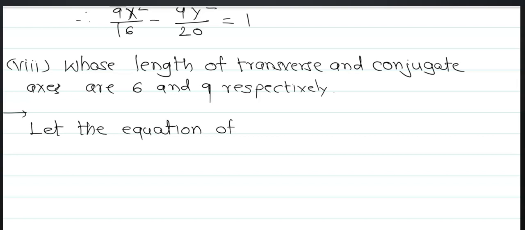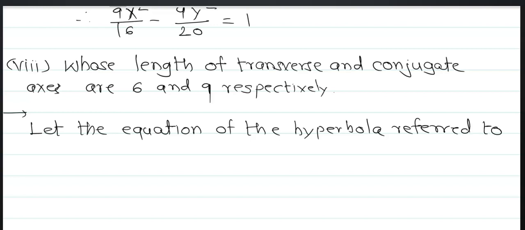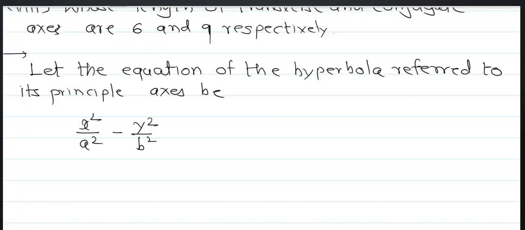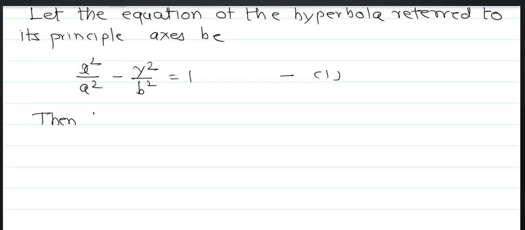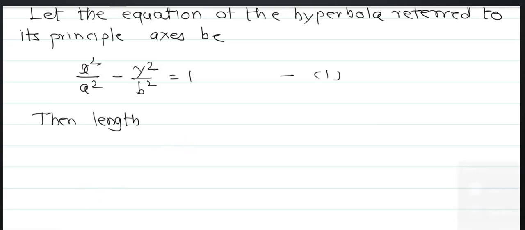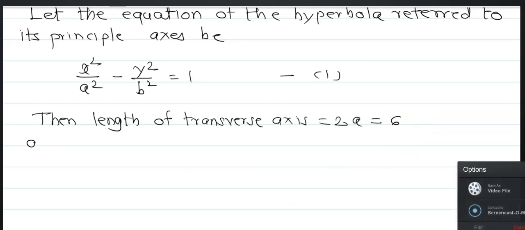Let the equation of the hyperbola referred to its principal axis be x square upon a square minus y square upon b square equals 1. Next, length of transverse axis is 2a equals 6.